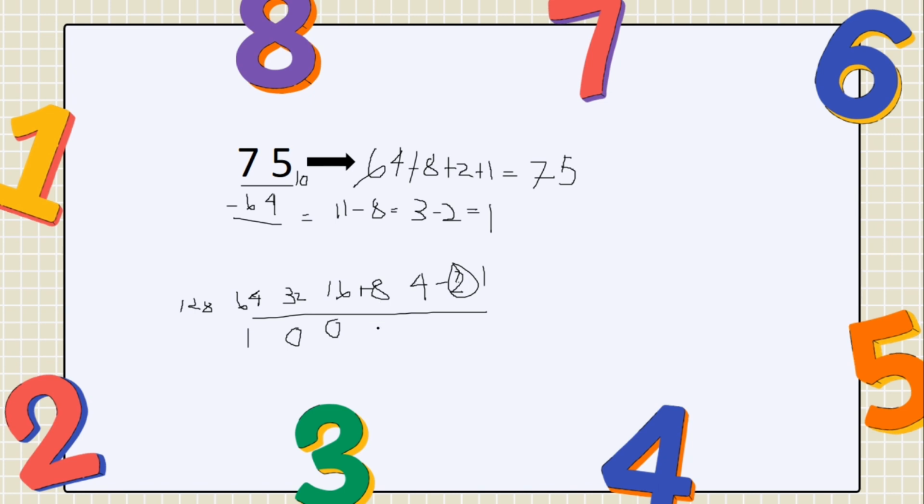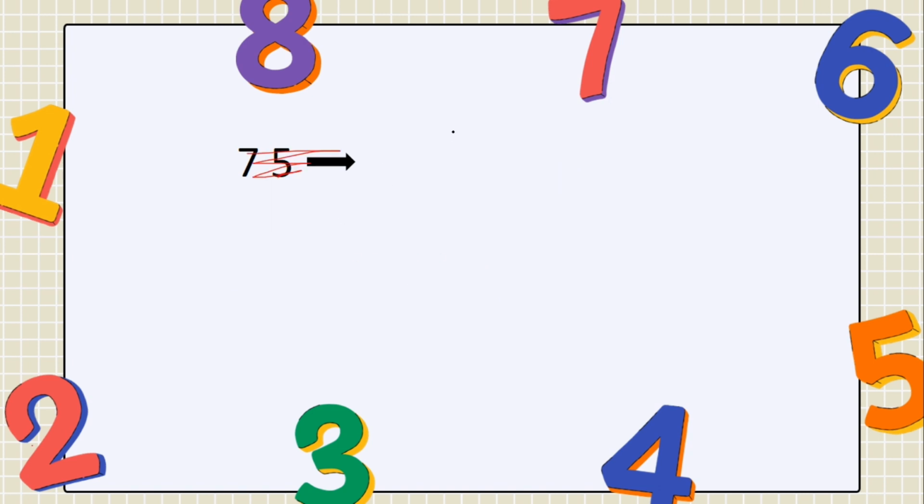Naa. So, 1. 4 wala. So, 0. 2 naa. And 1 naa. So, here is the binary from decimal converted into binary. Another example is 142.